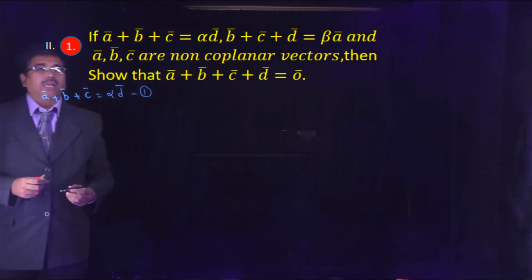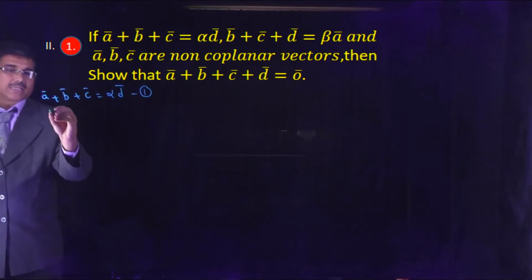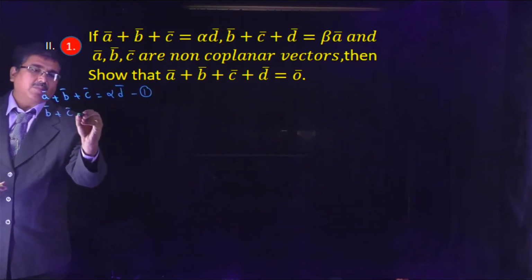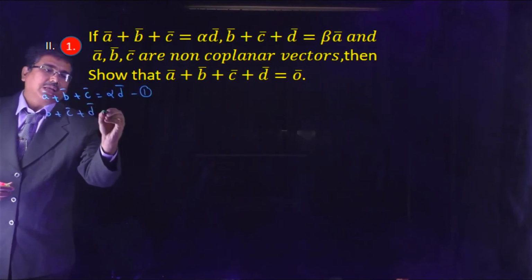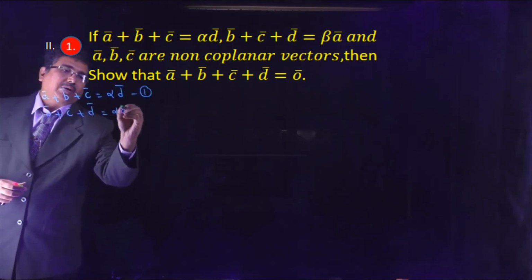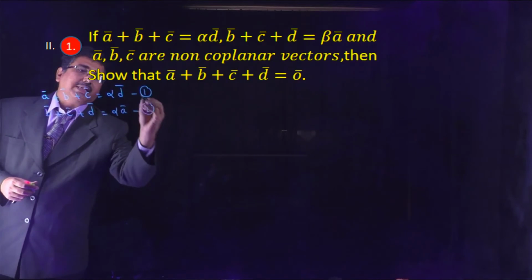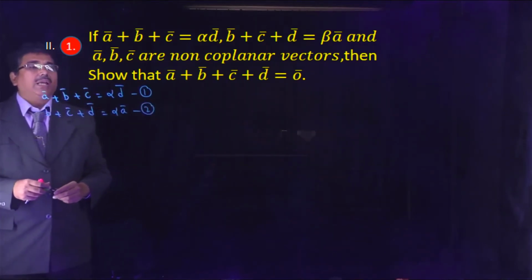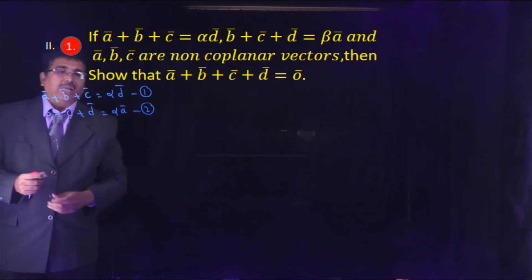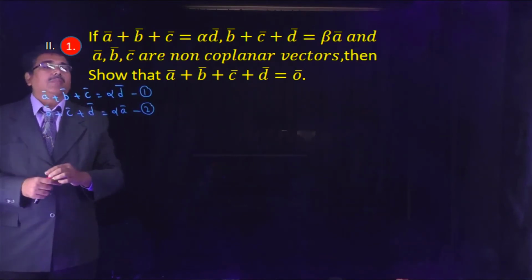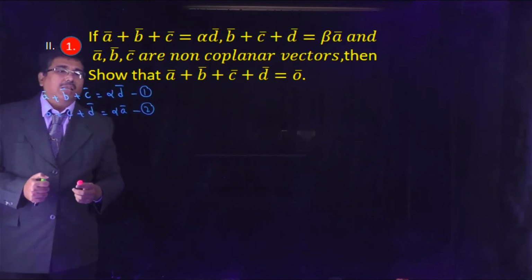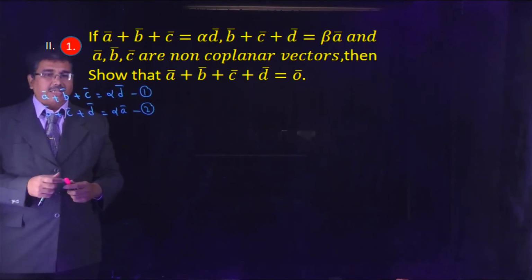The second one is b bar plus c bar plus d bar is equal to alpha times a bar, that is relation number 2. Our aim is to eliminate d bar from these two equations.